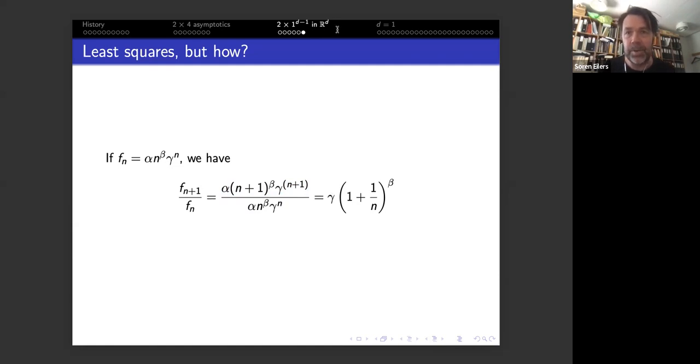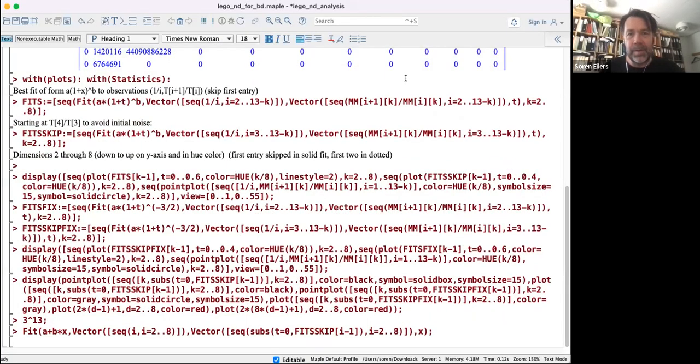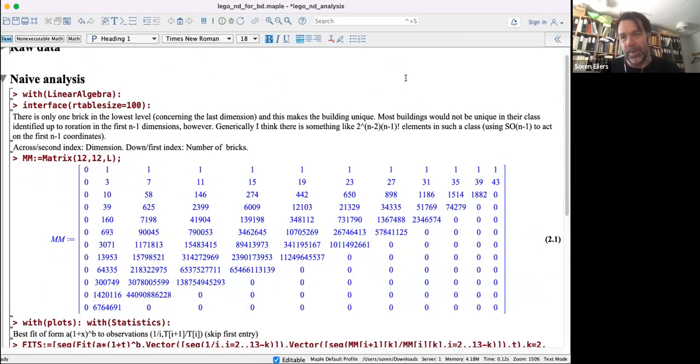And so let me show you how this looks in Maple. I have this little experiment here. I had a program do these numbers for me for some time. Of course, as the dimension grows, I have more and more options, and it takes longer time.